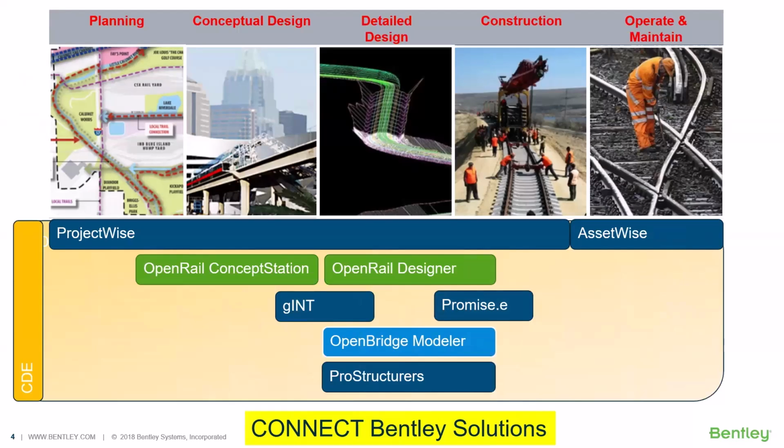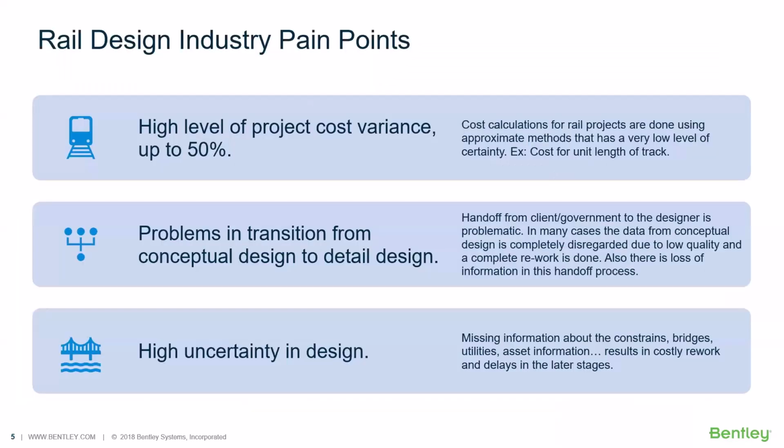If you have a bridge model, you can bring that into OpenBridge Modeler for a proper design of the concrete. You have ProStructures if you want to detail all that. You are able to bring all your data onto one particular platform, the connected data environment. So that's where we are doing that.